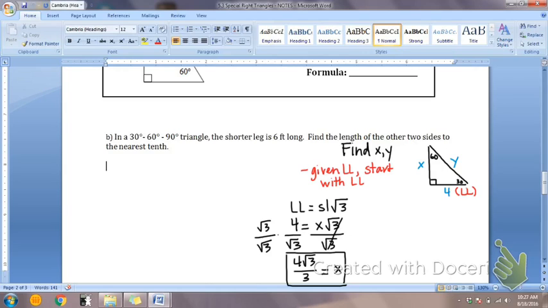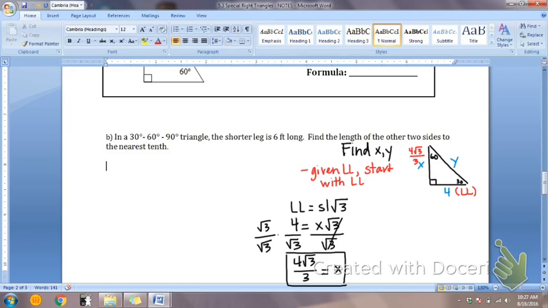I'm getting 4 radical 3 over 3. Is that what you're getting? Okay. That's kind of an ugly number, but whatever. It is what it is. You're going to have problems like this. Now the last thing to do is, now that I know what my short leg is, I found out that my short leg was 4 radical 3 over 3. I know that that's what x is.